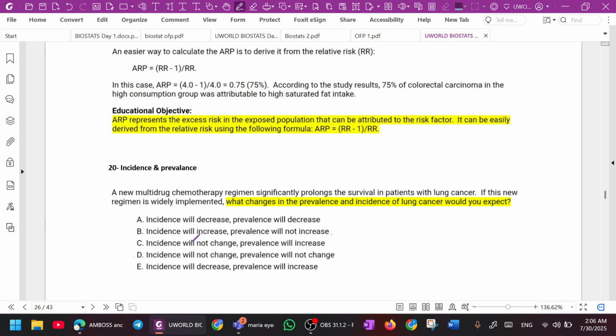A new multi-drug chemotherapy regimen significantly prolongs the survival with lung cancer. If this new regimen is widely implemented, what changes in the prevalence and the incidence of the lung cancer would happen?